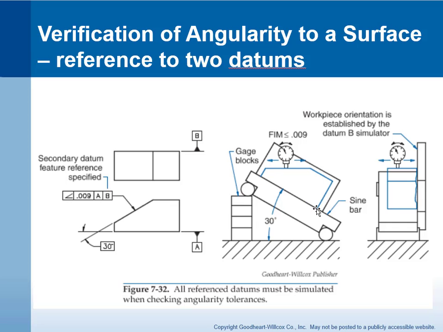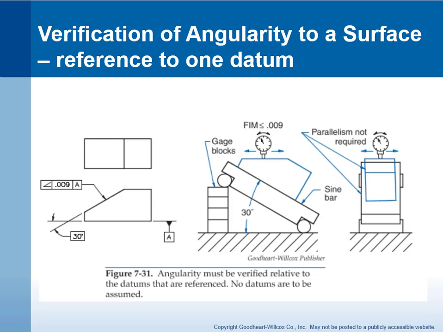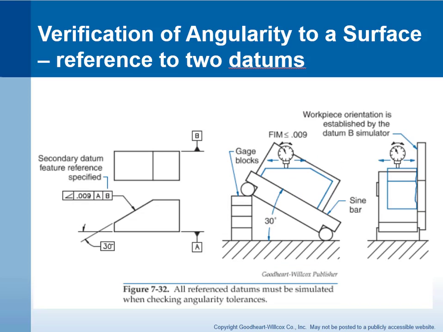Main datum A is set up here, and our sine bar simulates datum A, but we also have a datum B simulator here now too. That's to pick up this datum here, and then we run our dial indicator over the surface. As long as it's less than 9, it's the same. Comparing two datums with our method for one datum, the only difference is that we don't have a simulator for datum B in the one-datum case.